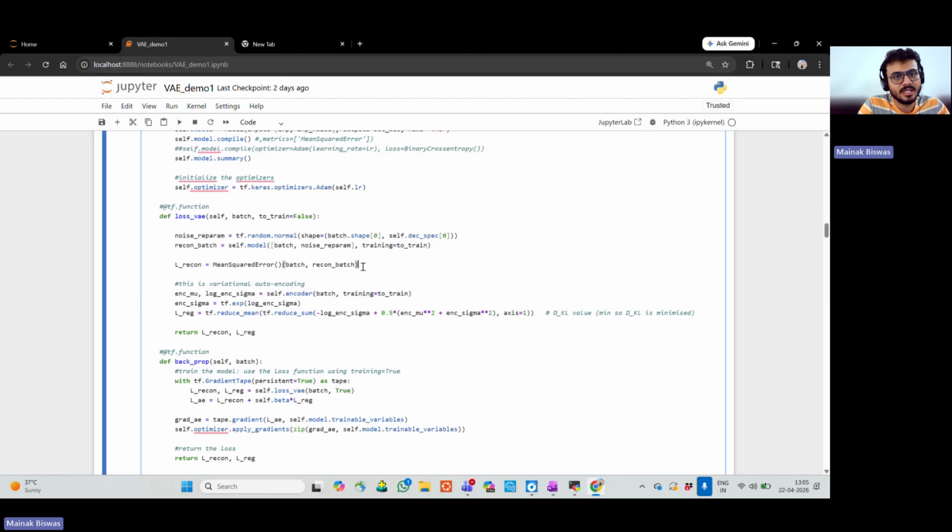You know that the VAE objective has recon minus beta times KL. Here we are minimizing, so I may write minus recon and plus KL. If you are wondering about the signs, it's because we are minimizing.